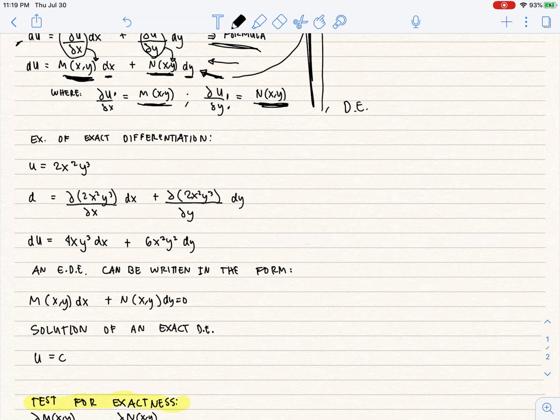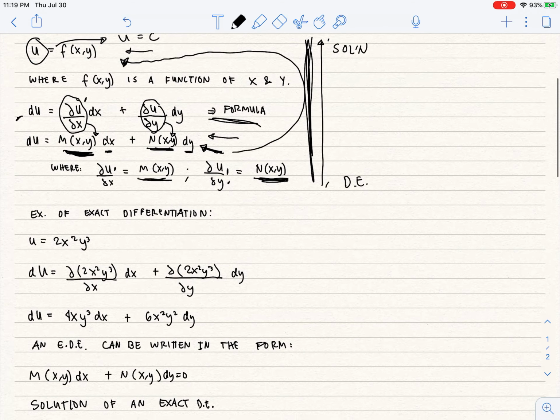So we are given the function u equals 2x squared y cubed. Then following the formula above, the derivative of u is equal to the partial derivative of u, where u is 2x squared y cubed, with respect to x, multiplied by dx, plus the partial derivative of u with respect to y, multiplied by dy.